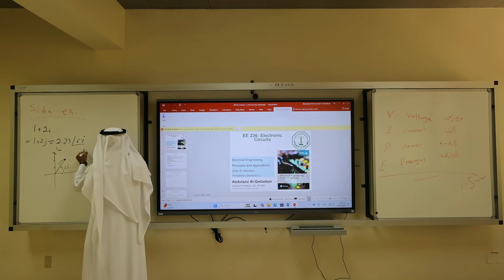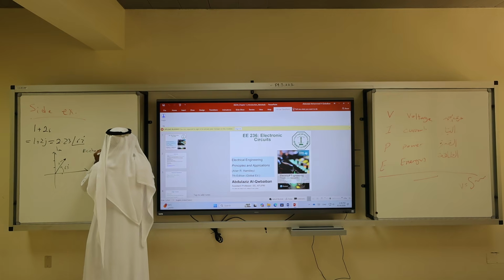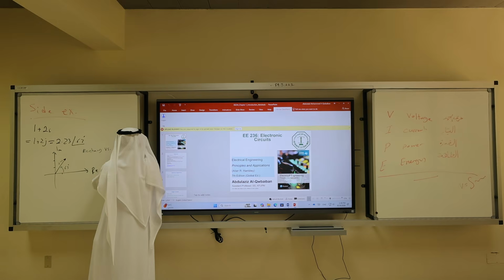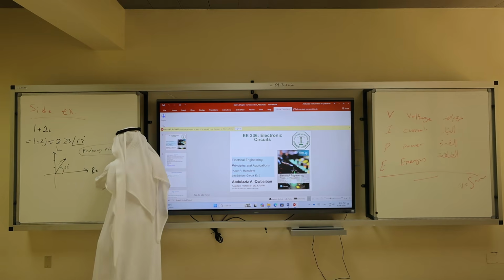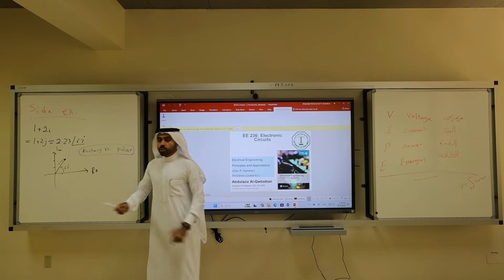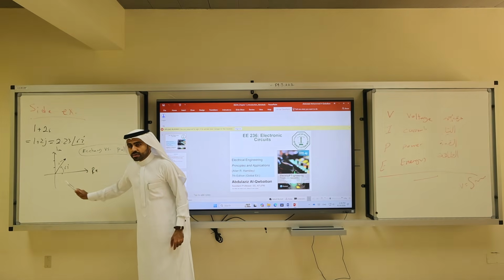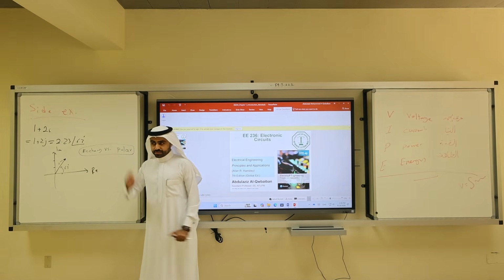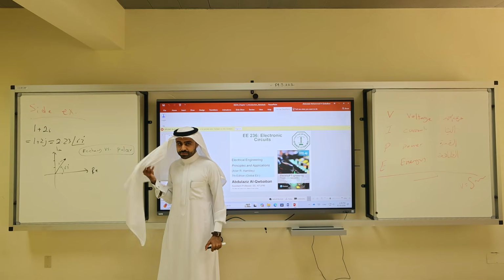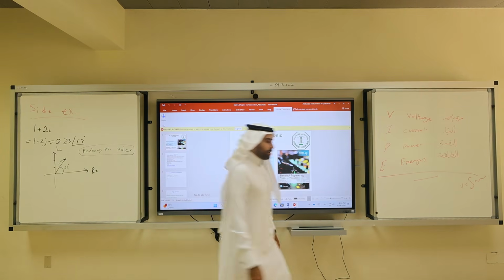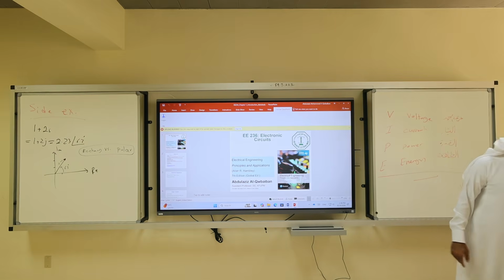So this is rectangular versus polar. We will be dealing with this mathematical operation. Okay? Very important. Do it, okay? That's the first exercise.